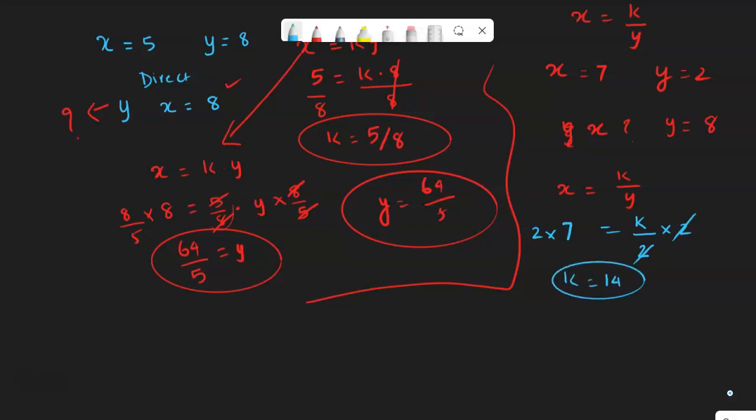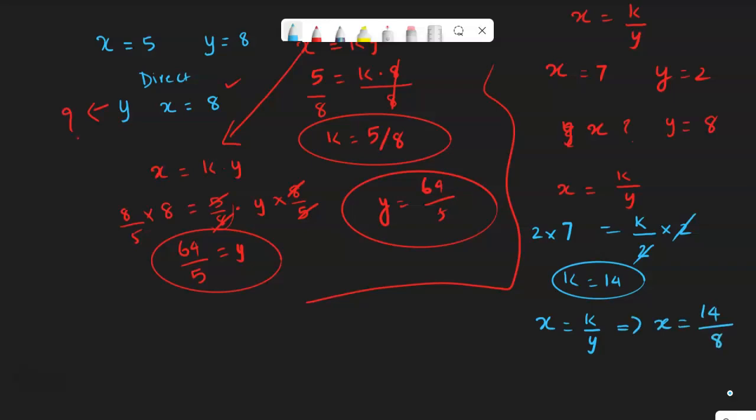Now we need to find the value of x when y is equal to 8. Write that expression again: x is equal to k by y, and we know what k and y are. So x is equal to 14 over 8.